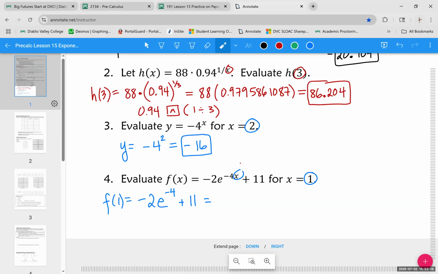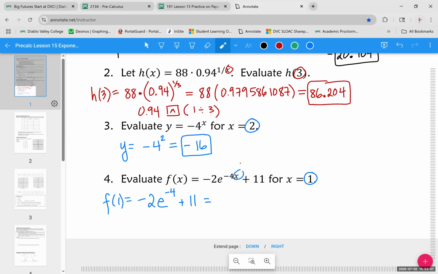I got 0.01831563888887, but I'm not going to do anything with that because I'm going to multiply it by negative 2. I'm going to hit enter. And then I'm going to add 11.